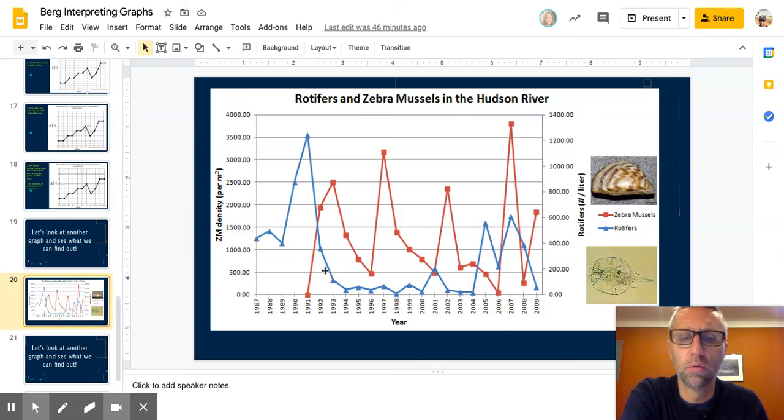One thing to note when we have a double line graph like this, or whether we have multiple bars next to each other that are different colors, we want to look for the legend or the key, and the key is going to say what each of those lines mean. So here we're comparing different years, but we have a line for zebra mussels and a line for rotifers, and we can compare how those two relate with each other. And so when you see different colors, they should be represented with a key of some type.